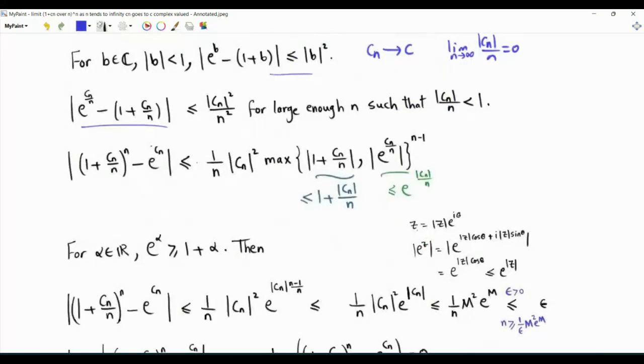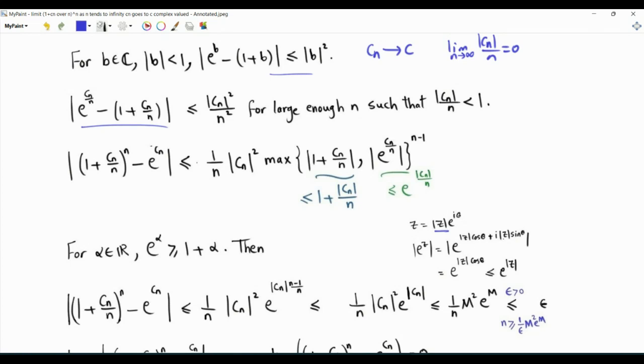So if z is a complex number, it has a magnitude of z and an angular argument theta, e to the i theta, then what is the magnitude of e to the z? So it is the magnitude of e, and z can be written as the magnitude of z cosine theta plus i, the magnitude of z sine theta, by Euler's identity.